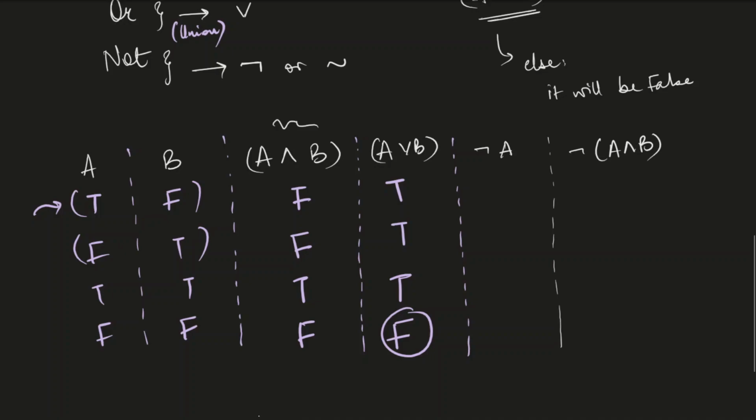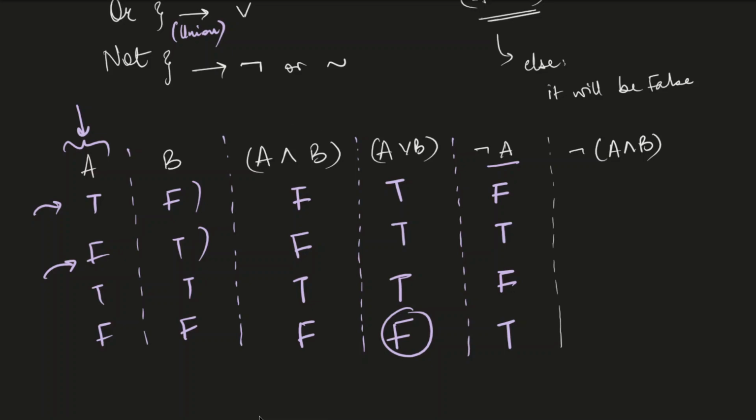Let's just look at A for now. If A is true, negation of A is going to be false. If A is false, negation of that will be true. True will give false, and false will give true.